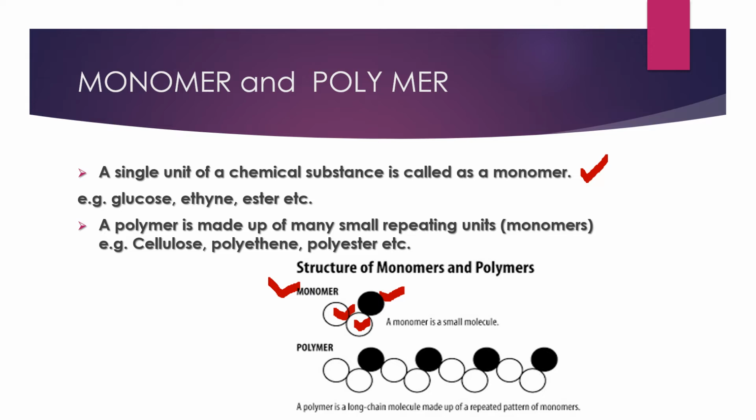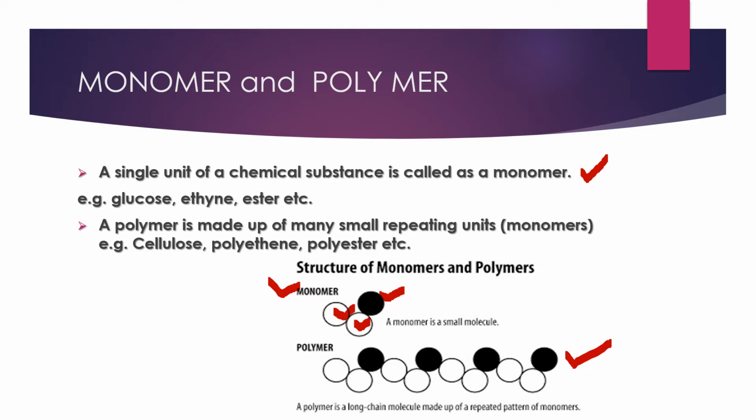This monomer can be made with subunits, either 3, 4 or 5, depending on what the substance is. A polymer is made up of many small repeated units of the same substance. This is a polymer of the monomer you see above.